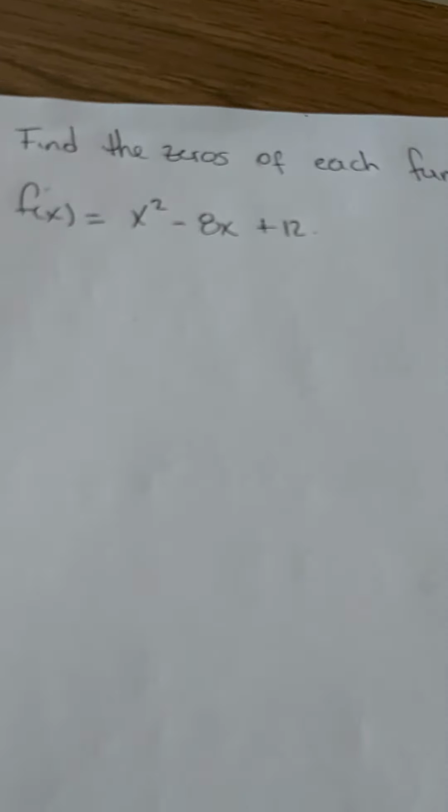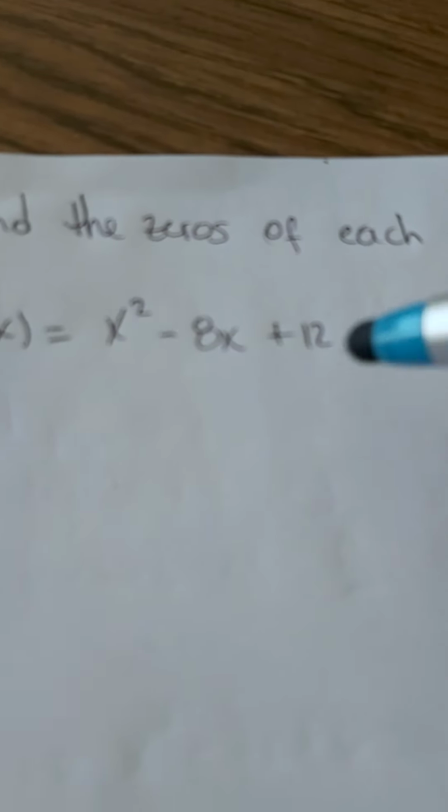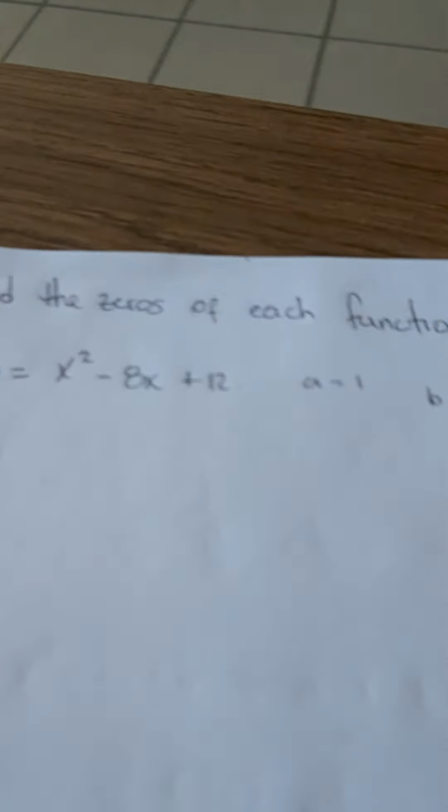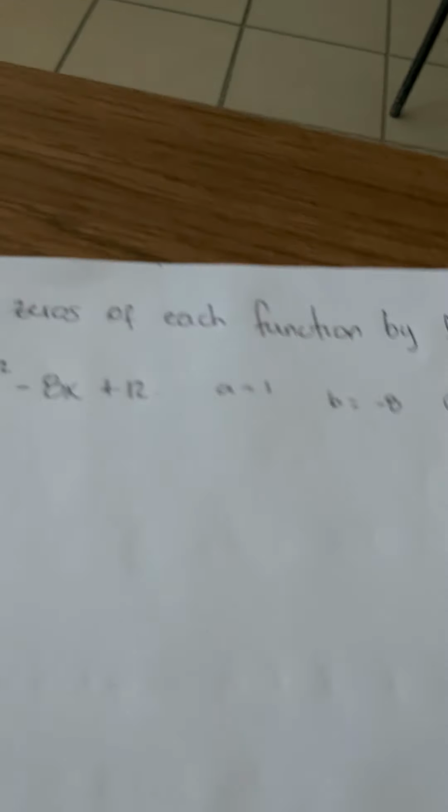So going back to example 2, they want us to find the zeros of the function by factoring. Notice again, in this case, a equals 1, b equals negative 8, c equals positive 12. So what do we have to do here? Since a equals 1, we must find factors of 12.